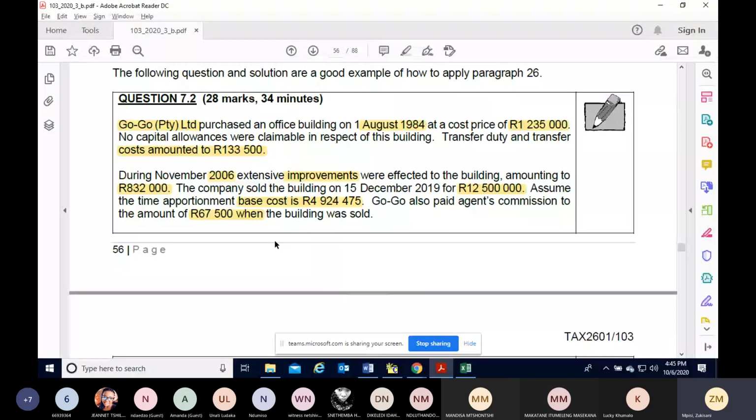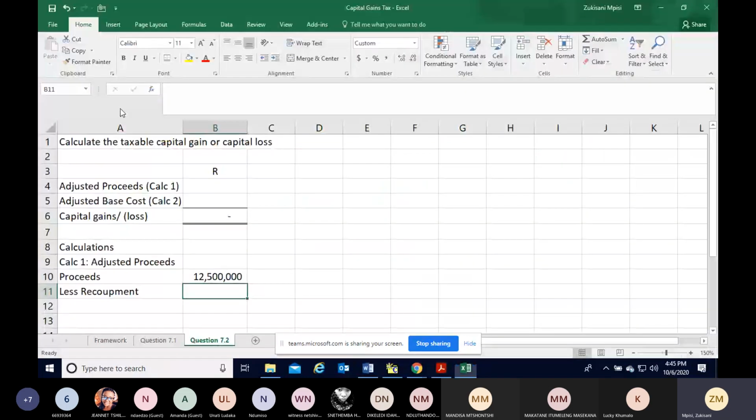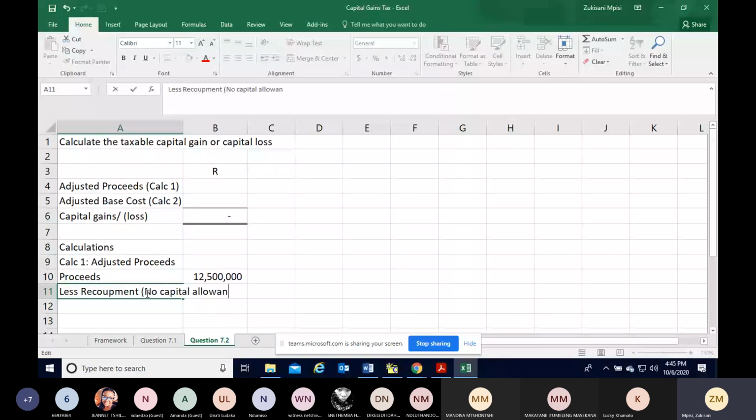Anyone who can share what the recoupment is? You are told here, no capital allowances were claimed in respect of this building. So if no capital allowances were claimed, you will not need to calculate recoupment.